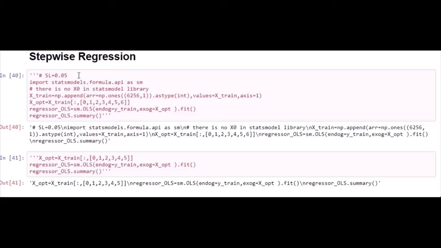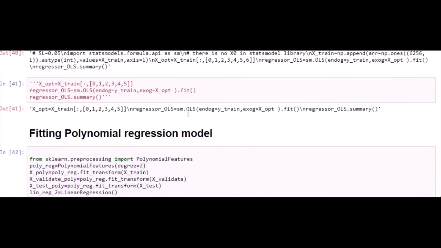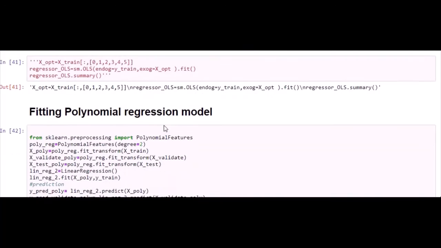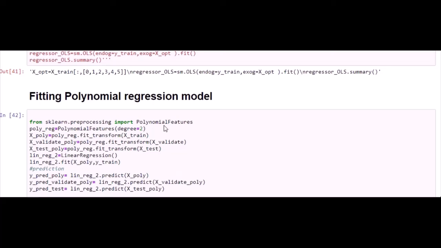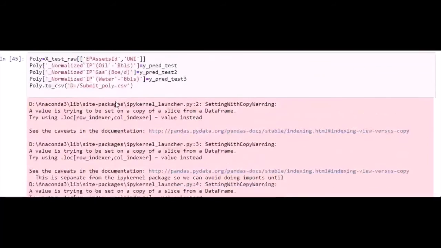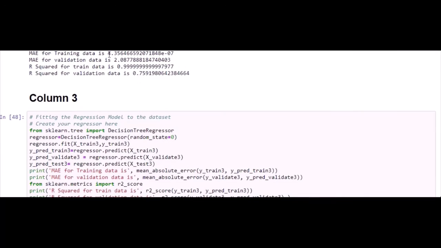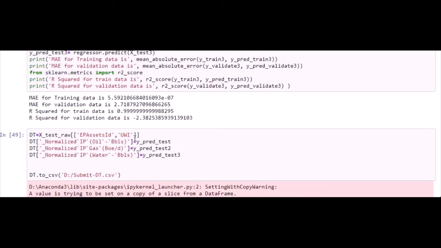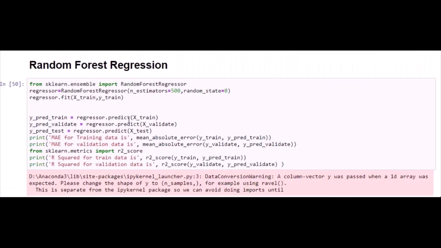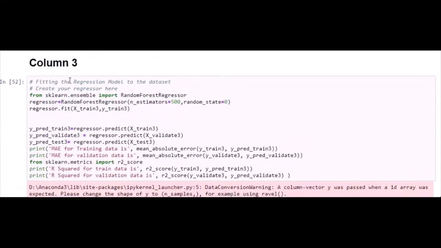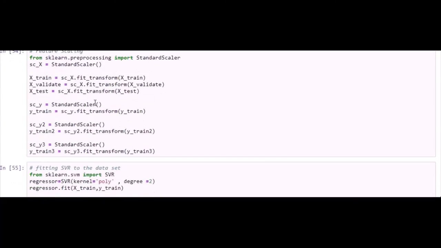Also I did stepwise regression to adjust the R-squared and compare them to see which ones are not increasing adjusted R-squared. So I fit a polynomial regression model, and also fit a decision tree model, which gave better results, higher R-squared, as you can see. Some of the minus R-squared. So, and the random forest regression.